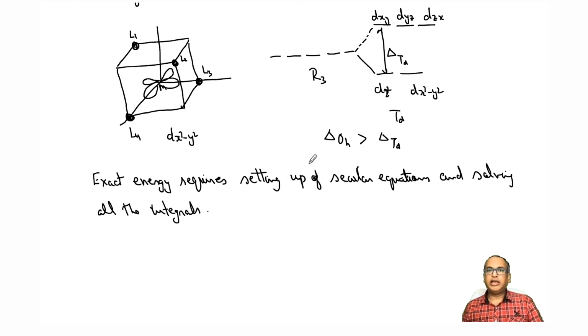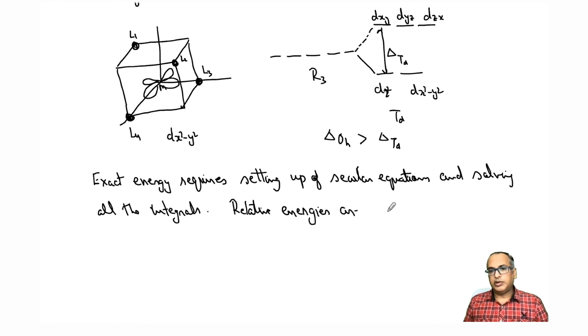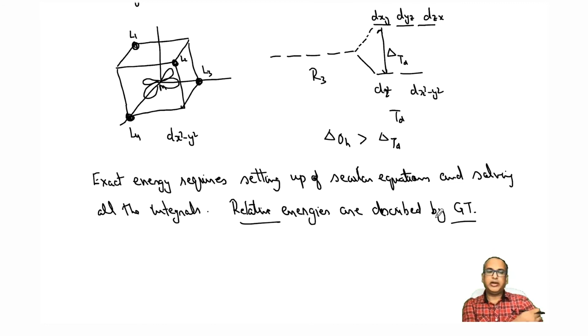Whereas group theory will give you a relative idea of which energy would be higher, which orbitals would be higher in which particular field, and so on. Okay, so relative energies are described by group theory. We can only talk about relative and not the exact energies, right?